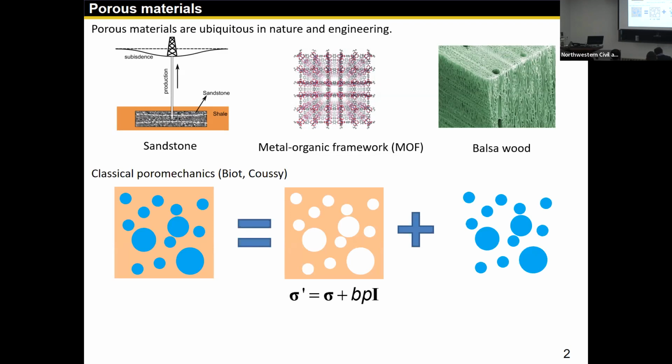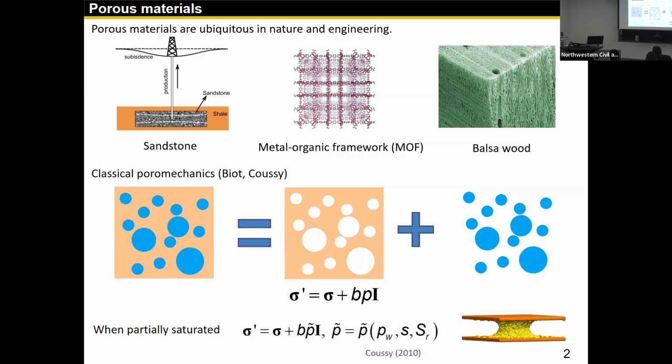The usual way to describe the mechanical behavior of this type of materials is pore mechanics. Essentially, we view a porous material as a superposition of a solid phase and a fluid phase in the same spot. The total stress is shared by both the pore skeleton and the pore fluid. The portion shared by the skeleton is characterized by the effective stress. Here, sigma is total stress, P is pore pressure, and C is the Biot coefficient between 0 and 1.